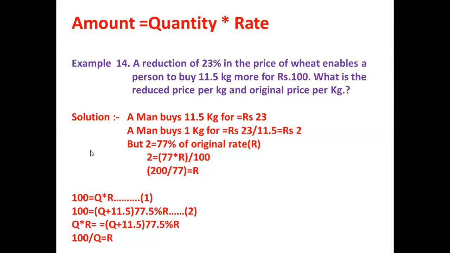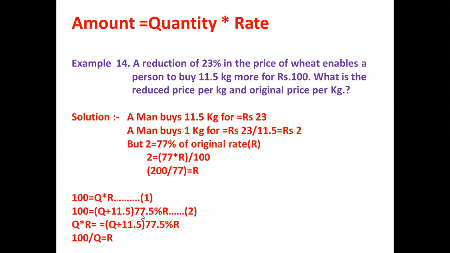Amount is 100. Let the initial quantity be Q and the rate be R. So the first formula becomes 100 equals Q into R. Now the second case: if the price has been reduced by 23%, then 100 minus 23 is 77.